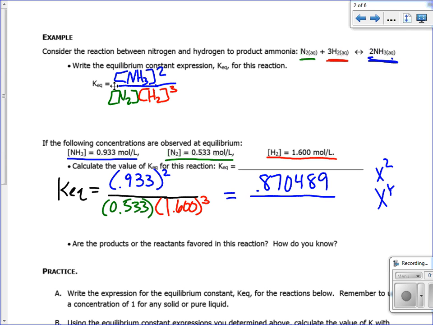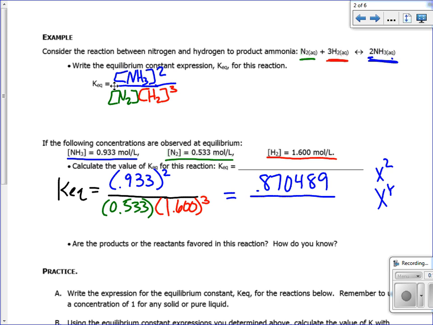Now for the bottom number. Okay, what we need to do is we need to cube this guy first, probably. So if you type in 1.6, then you hit the x to the y button, and then you put the 3 in for the cube. Oh yeah, just shift and then there's the play or the triangle button.